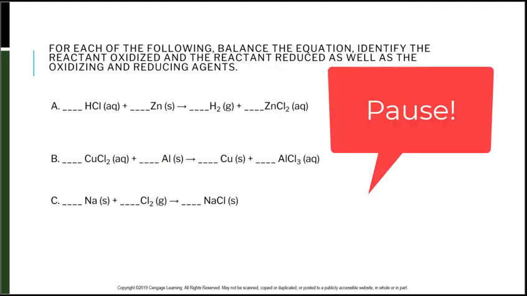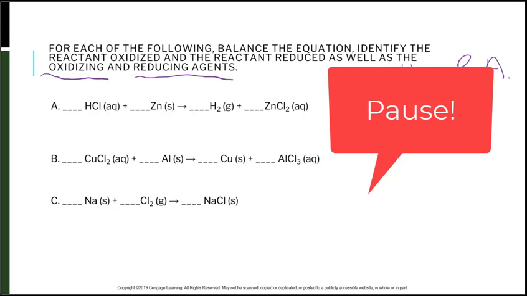For each of the following, we want to balance the equation, identify the reactant that's oxidized and the reactant that's reduced. Now I'm throwing in 2 new terms for you, oxidizing and reducing agents. So here's the thing. When we find out who has been oxidized, the species that's oxidized is the reducing agent.